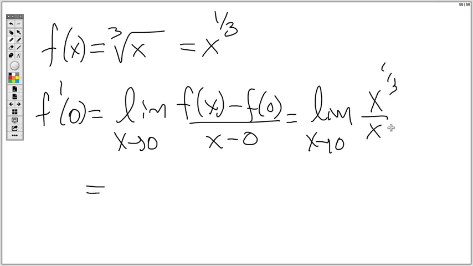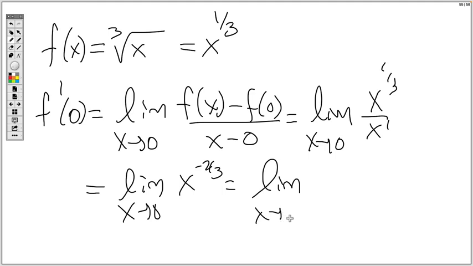And once again, I can subtract the exponents here. If I take 1/3 minus 1, that leaves me with x to the minus what? 2/3 power, which once again I can think of as 1 over x to the 2/3.